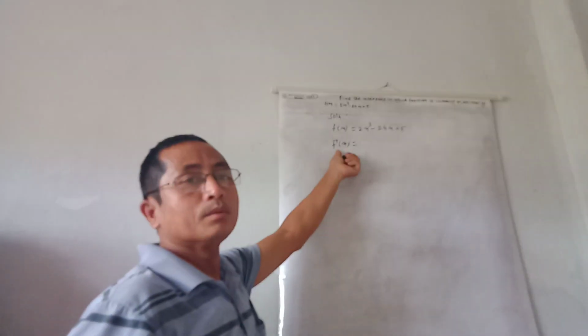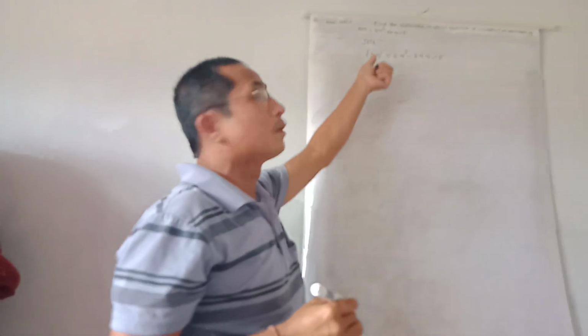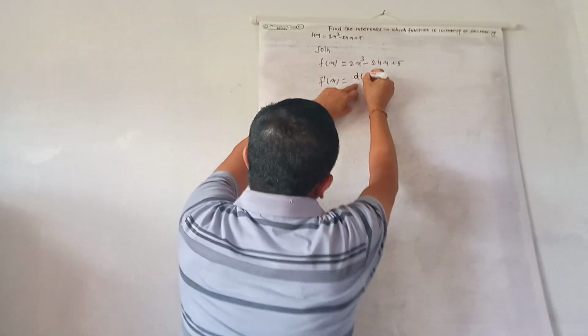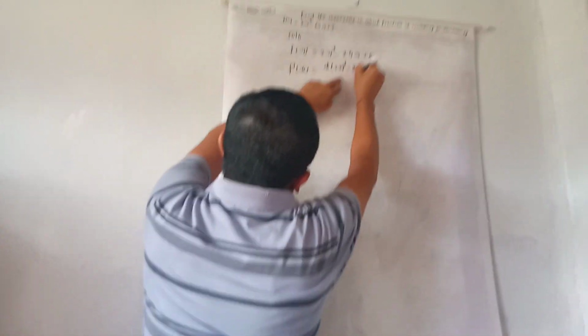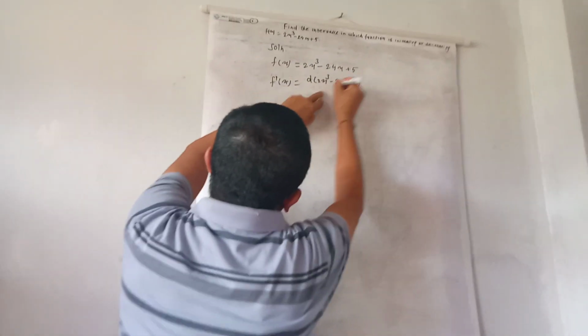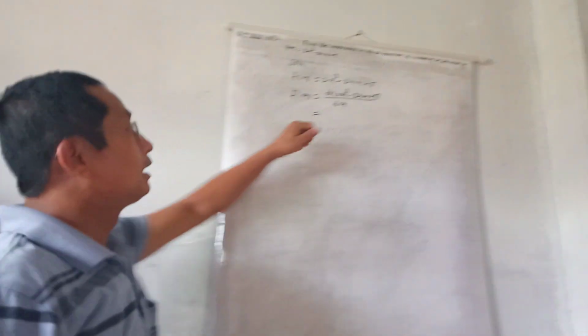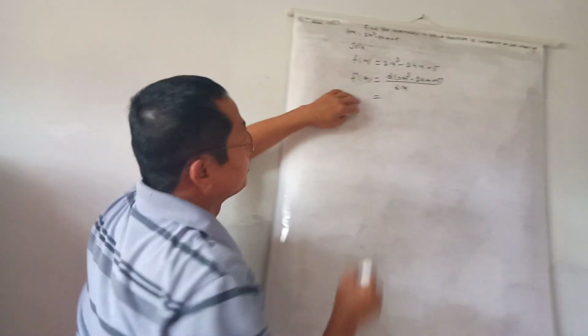This is the symbol of derivative. f'(x) means the derivative of f(x), equal to d by dx of 2x cubed minus 24x plus 5.